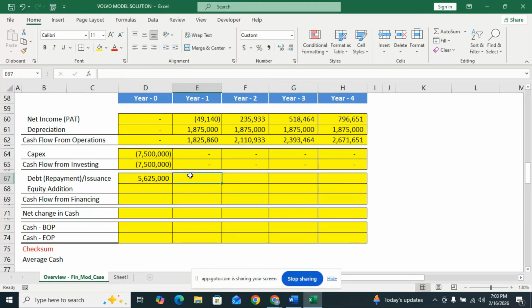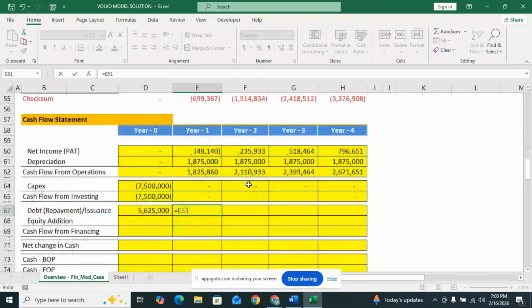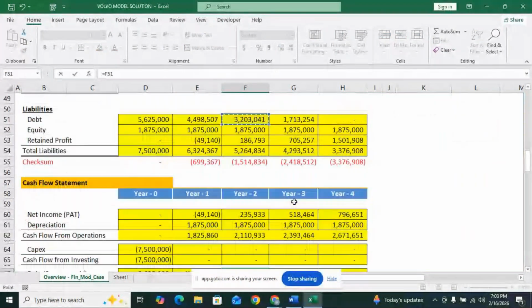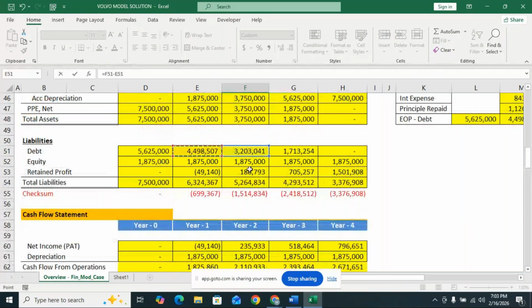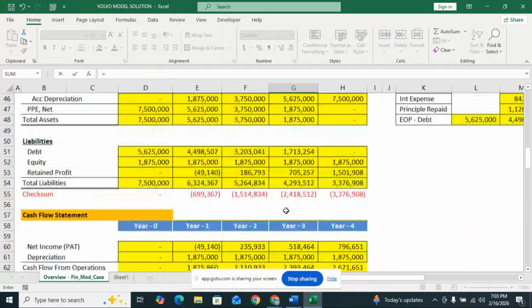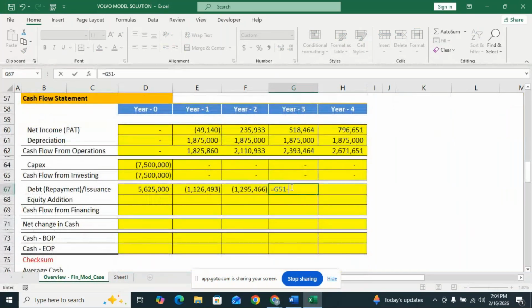See, equals to, now what is the year one debt balance? It is 44,98,507. So I select that minus your previous year debt. Again, your year two current value of debt minus year one debt. Sorry, year one debt, that is this one. Then again for year three, current value is this for year three minus year two's.